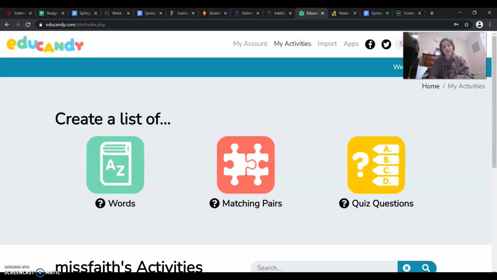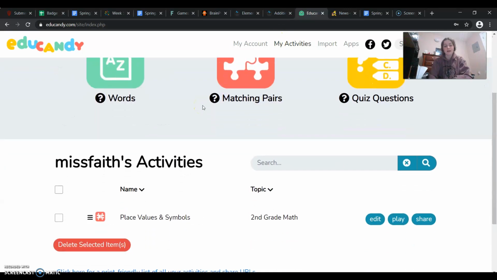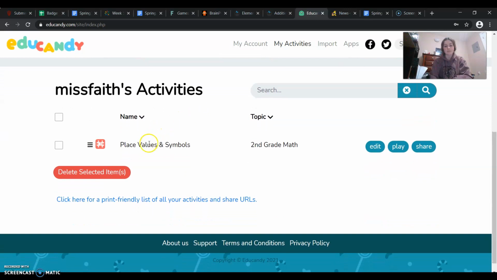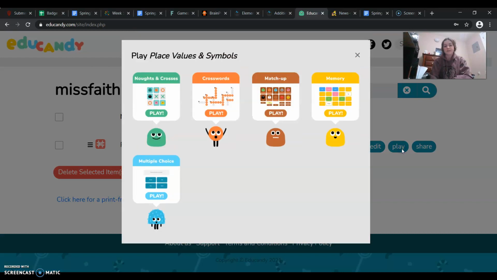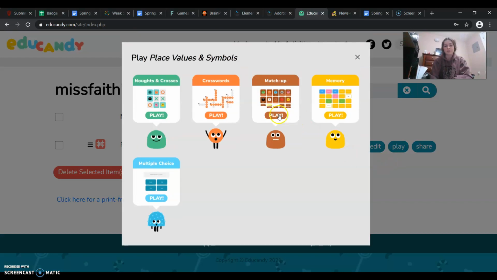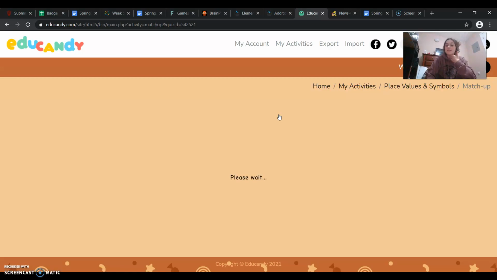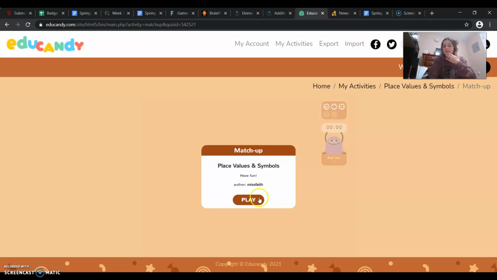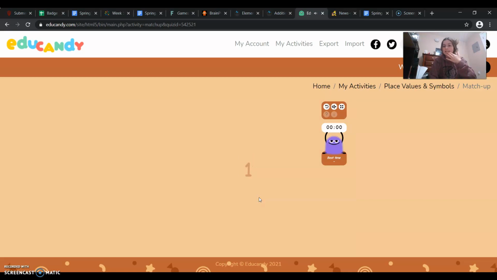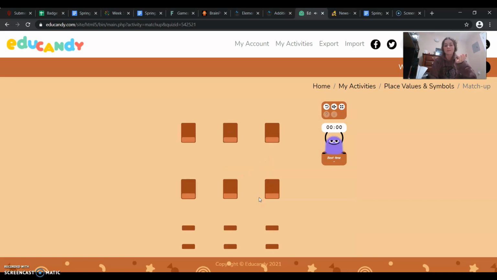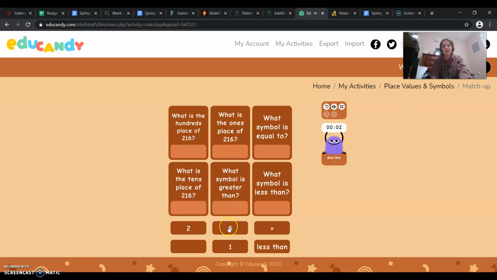Another website I was looking at was Ezzy Candy. I played around with this for a little bit, and I did go ahead and make a set of matching cards. So for instance, I will do matchup, and as soon as this loads, it didn't really load correctly, but all you have to do is you have a timer, and you want to make sure that you put it in the right place.